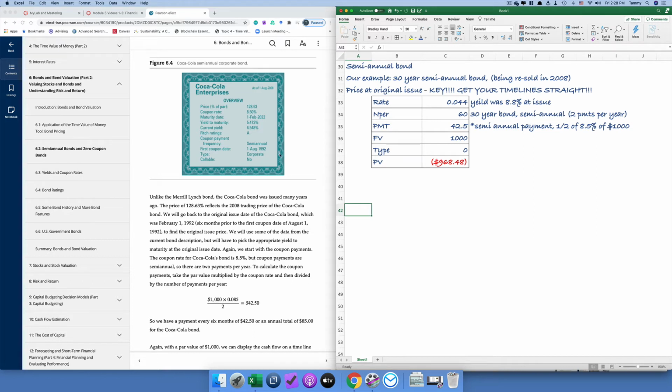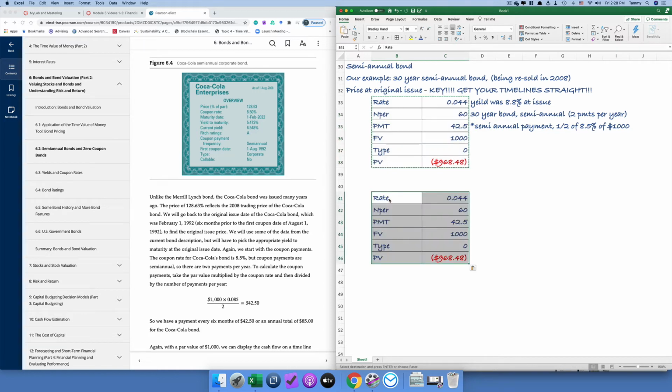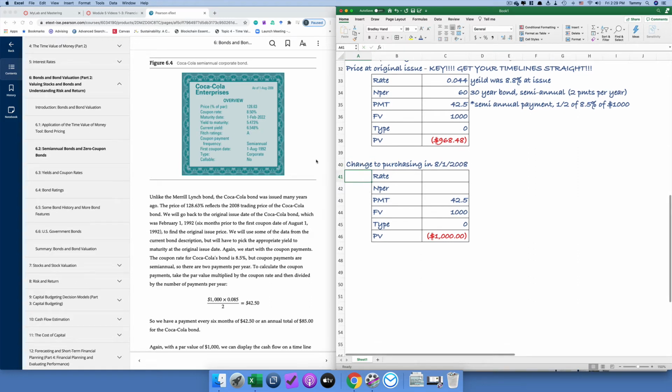So if we copy everything but change our rate and change our number of periods, let's change this to purchasing on 8/1/2008.